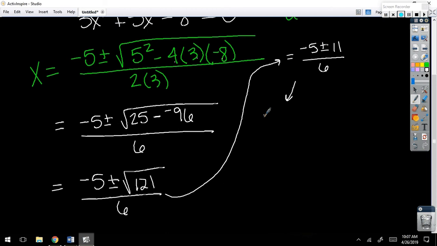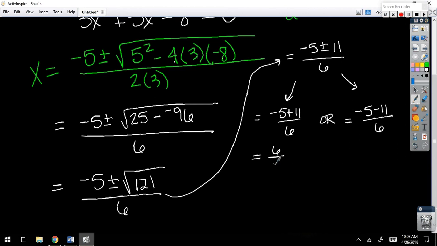I'm going to say this is the same thing as negative 5 plus 11 over 6 or negative 5 minus 11 over 6. It's a fraction. Hit math, enter, enter. All right, top first, and then we'll divide.